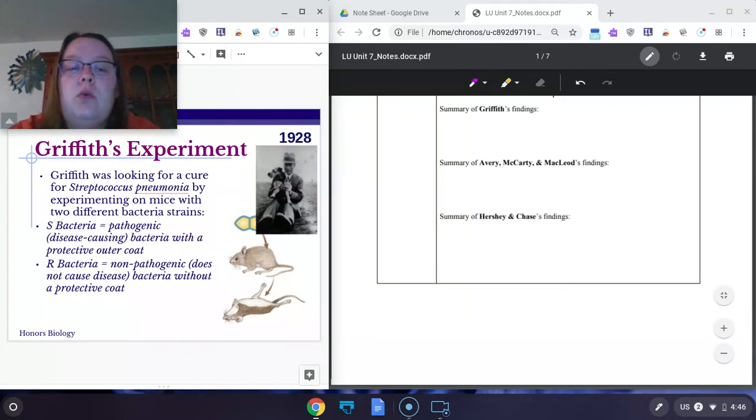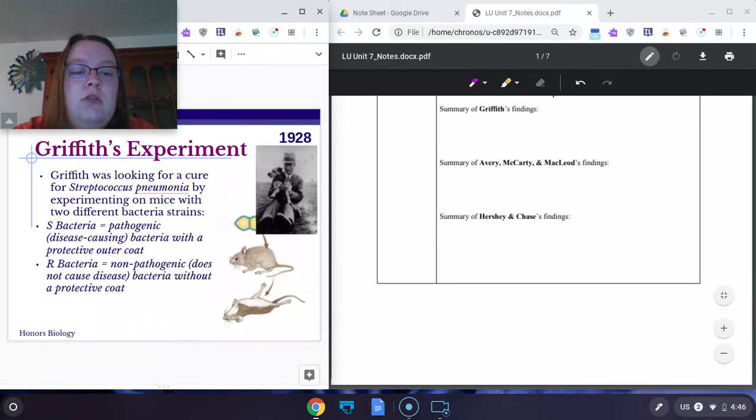He was working with the bacteria Streptococcus pneumoniae, which caused pneumonia in soldiers. He was looking for a cure to help cure this disease in soldiers during the war.